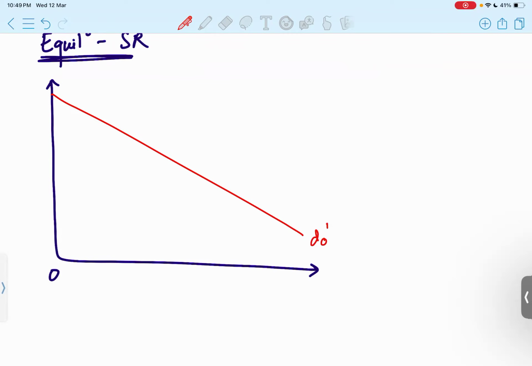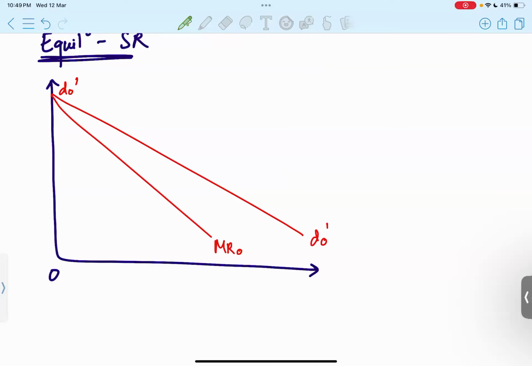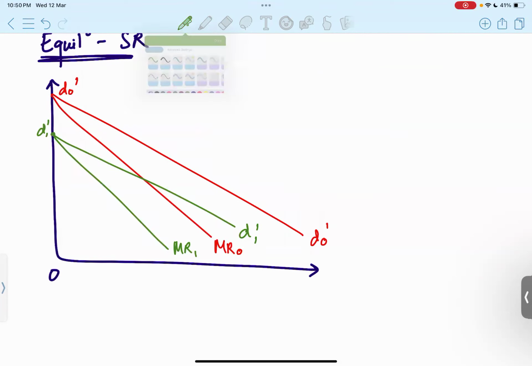As we said, the perceived demand curve for each firm would be different. So this is one, and correspondingly we will draw the marginal revenue curve for this also, MR naught. Now another perceived demand curve will reflect the downward shift. We will explain why it shifts downward, and its marginal revenue curve, MR1, let's say.